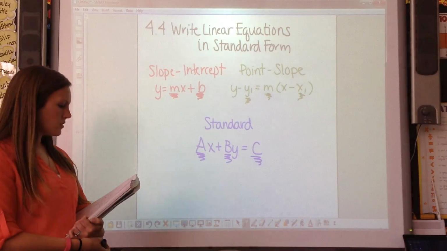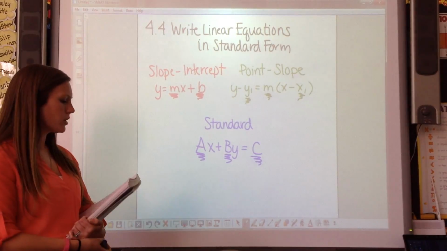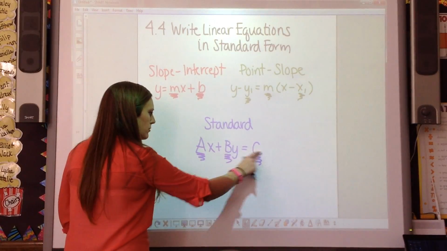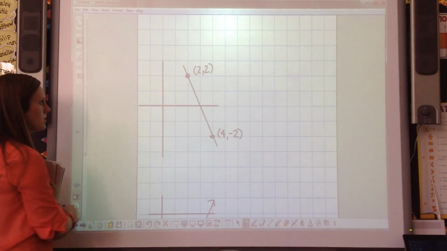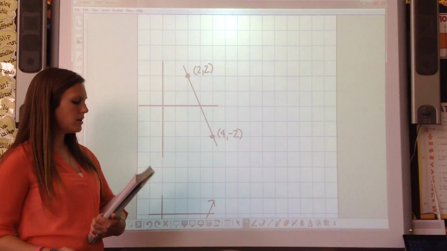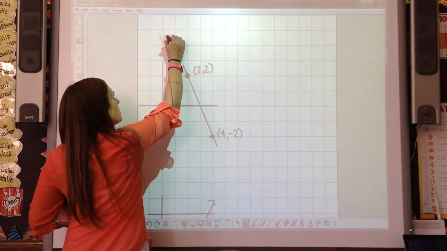Okay. So our first type of problem, we're going to be writing an equation from a graph. So put this in your memory banks. Our title for this next section is Write an Equation from a Graph.